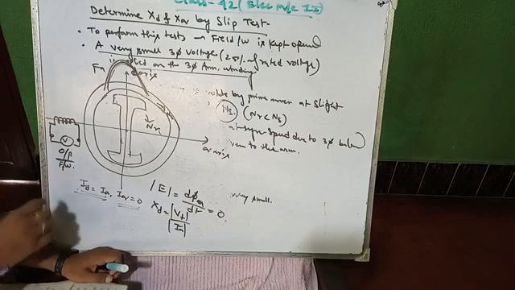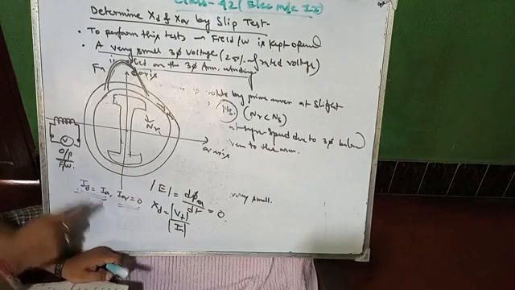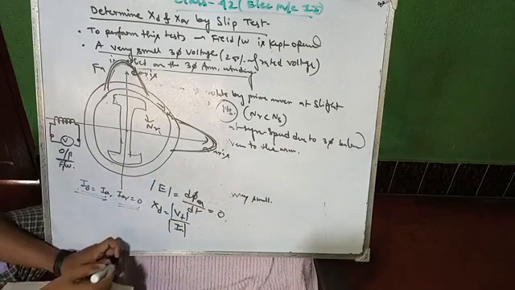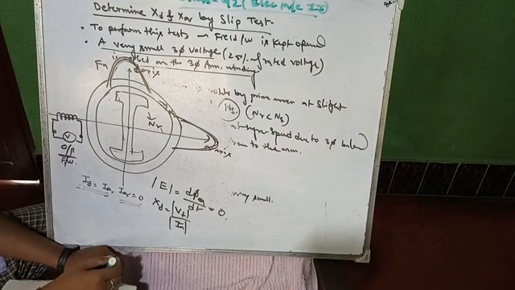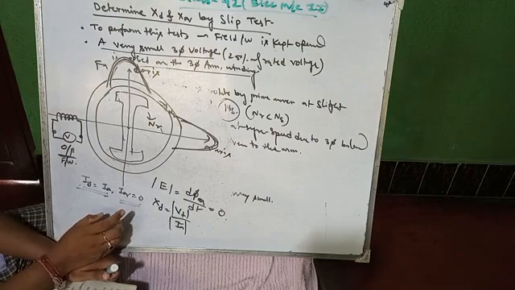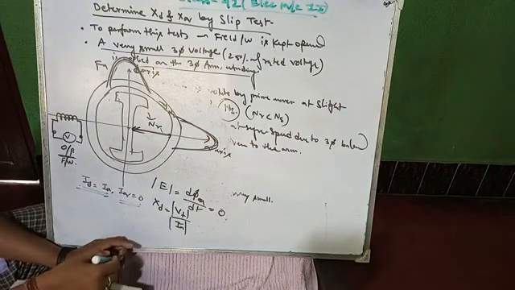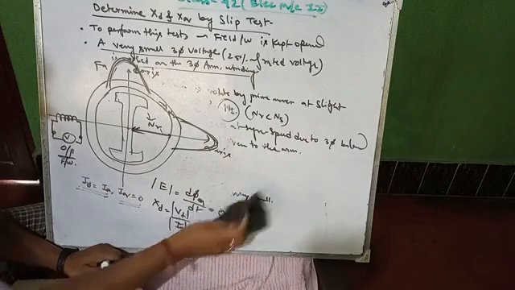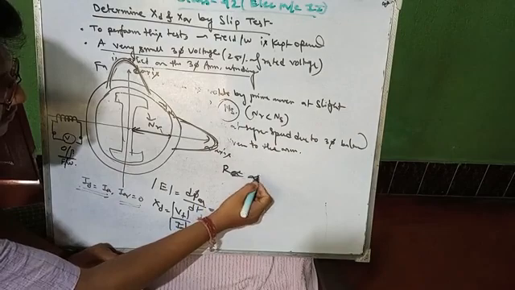Next, when Fa is along the q axis, aligned to the q axis, the reluctance offered to Fa by the air gap will be maximum, such that we consider reluctance equals infinity at that situation.